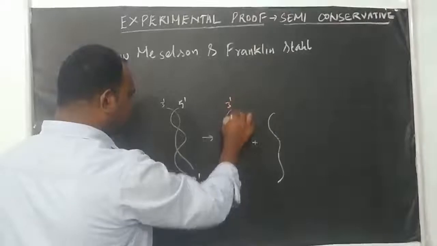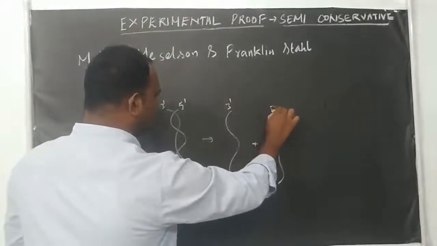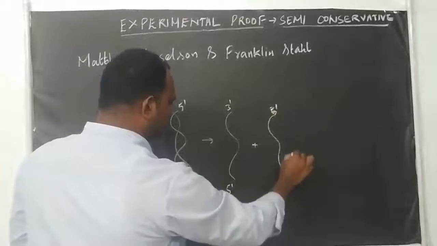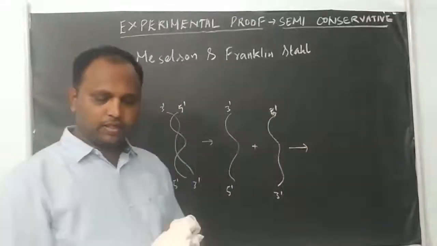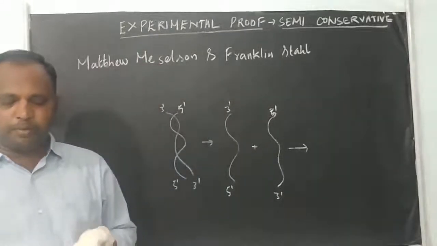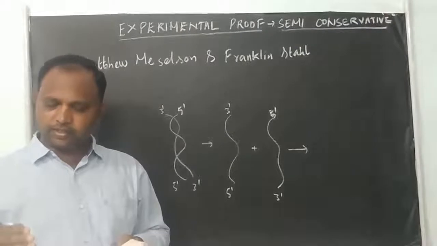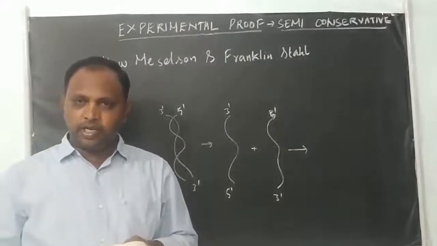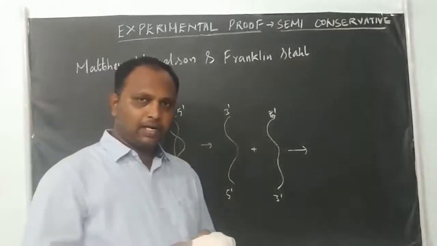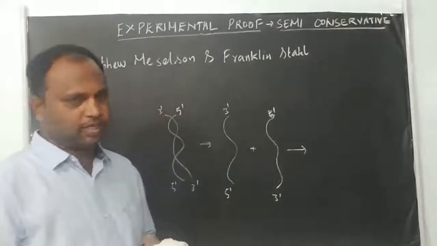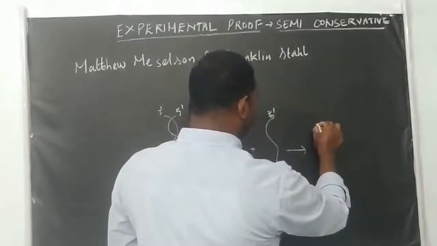Only the single-stranded DNA acts as a template, and both strands act as templates and synthesize a new complementary strand. After completion of DNA replication in cells, each DNA molecule would have one parental and one newly synthesized strand. That is what the semi-conservative mode of DNA replication proposes.